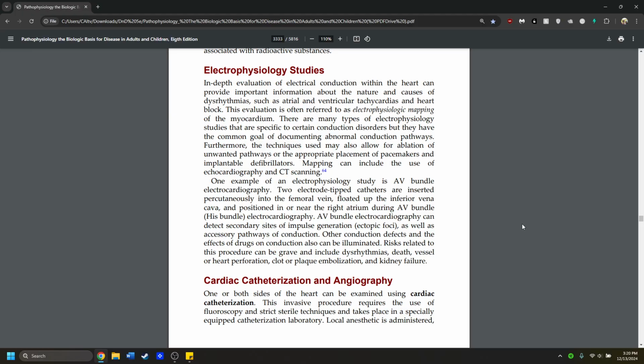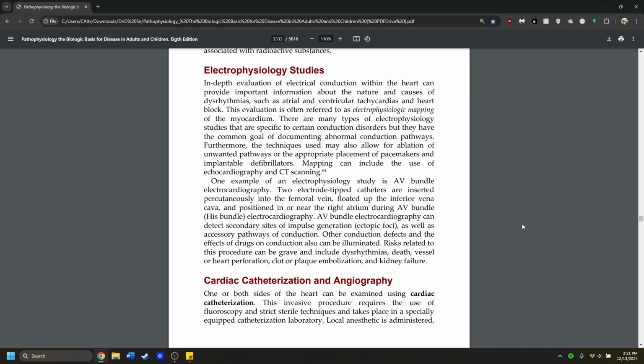There are many types of electrophysiology studies that are specific to certain conduction disorders, but they have the common goal of documenting abnormal conduction pathways. Furthermore, the techniques used may also allow for ablation of unwanted pathways, or the appropriate placement of pacemakers and implantable defibrillators. Mapping can include the use of echocardiography and CT scanning.